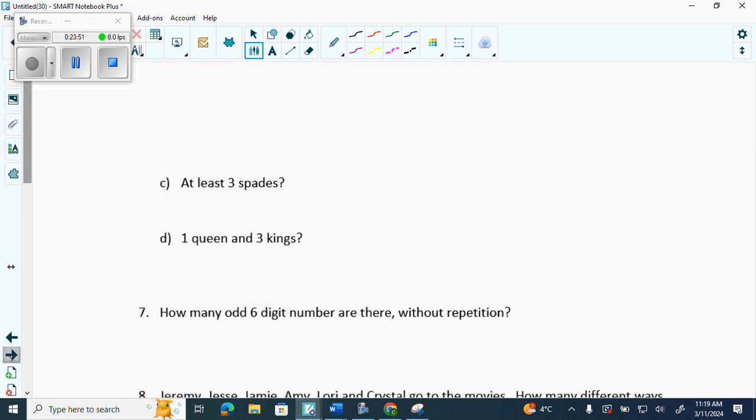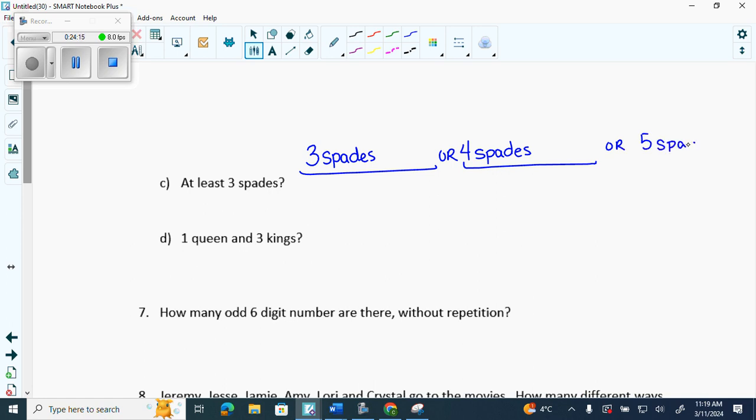At least 3 spades means 3 spades or more, correct? So it's 3 spades or 4 spades or what? 5 spades. The first 2 I need to supplement because I don't actually have 5 cards. We agree?